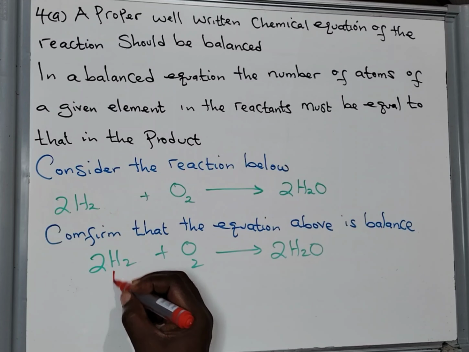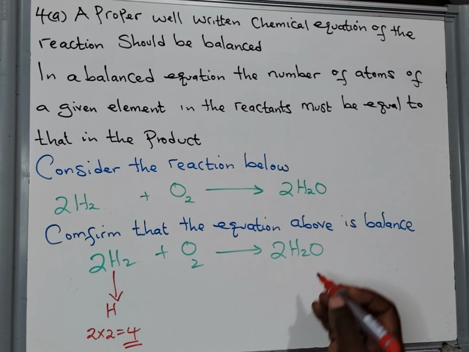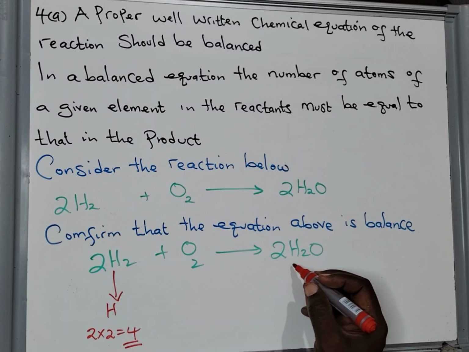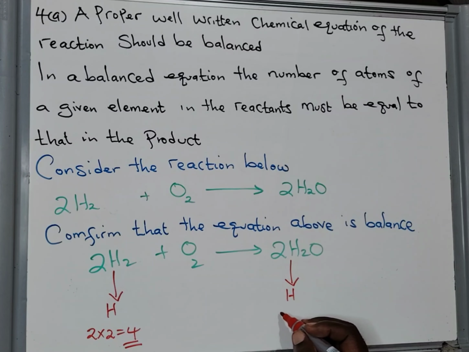Let us look at here. What do we have here? It's hydrogen. And it's 2 times 2. So it's going to be 2 times 2. Answer is 4. Okay. So we go to hydrogen this side. And what do we have here? It is hydrogen. It is 2 times 2 giving you 4.